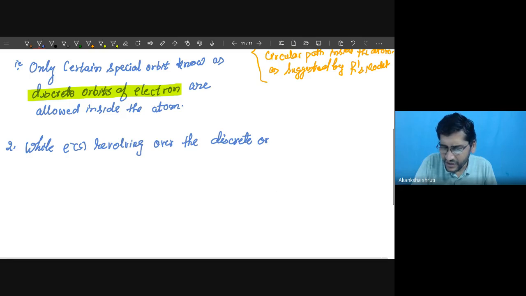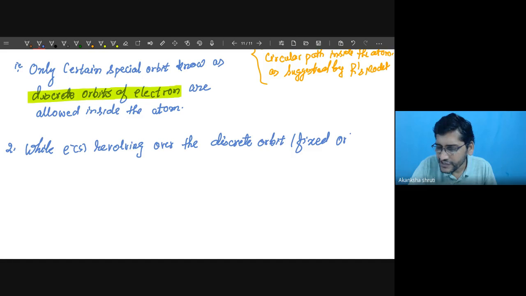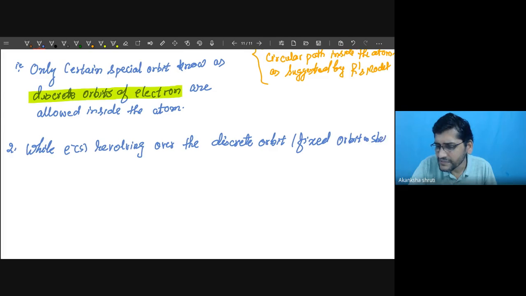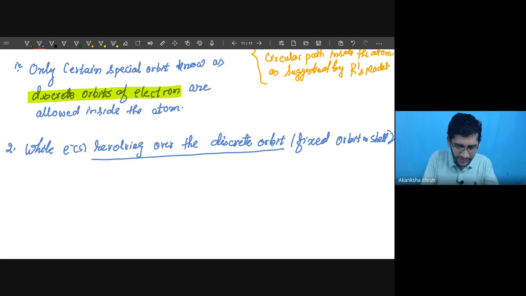either discrete orbit or fixed orbit is written, or in place of orbit sometimes the word shell is also used. So while electrons revolve over these discrete orbits, they are neither losing nor gaining any energy.